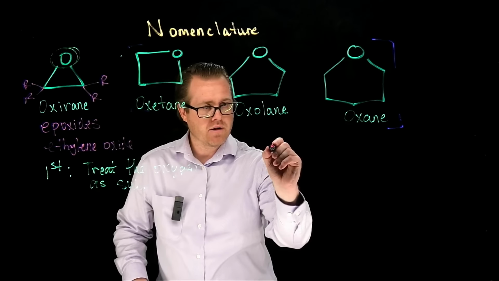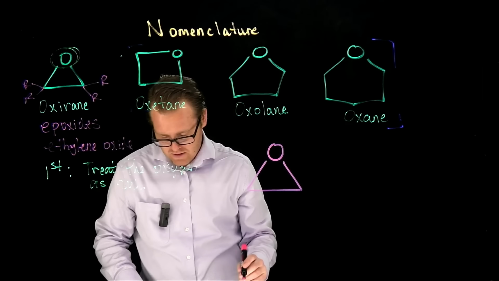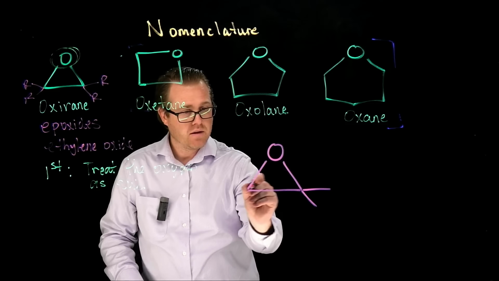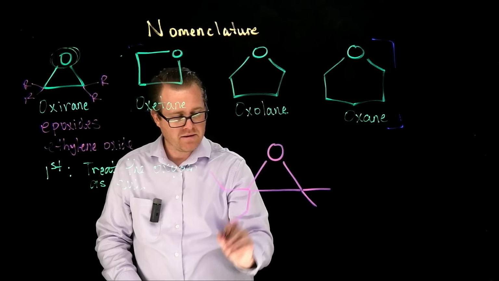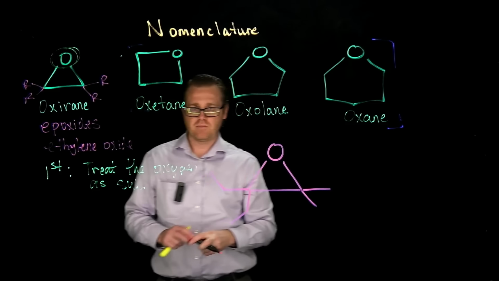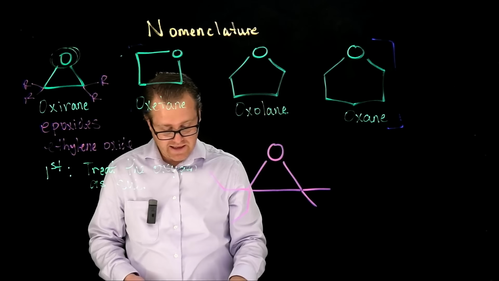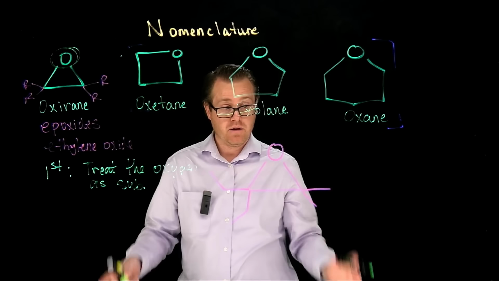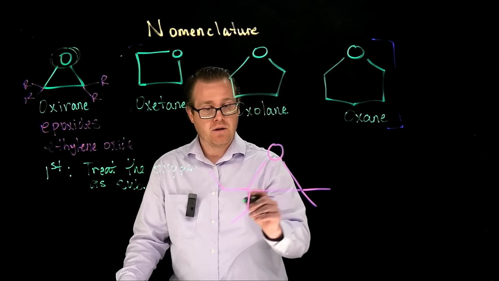So for example, let's draw ourselves an epoxide, like so. We have 2 methyl groups on that carbon, and then an ethyl group on that one, and an ethyl group on that one. Now, in the first method, how do we name this molecule? Well, we just find the longest carbon chain.